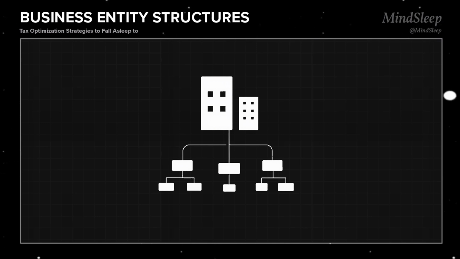As we ponder these complex structures and strategies, it's worth considering the broader implications. The evolution of business entity structures reflects the ongoing dance between businesses seeking to minimize their tax burdens and governments trying to ensure fair contribution to public coffers.